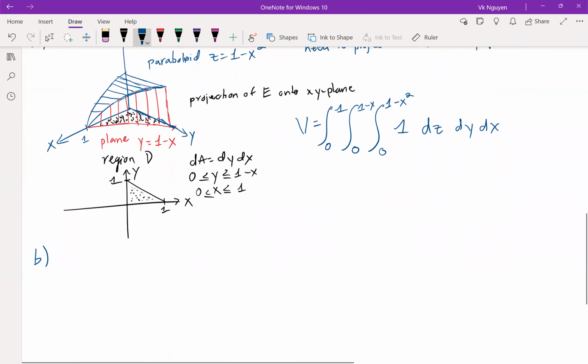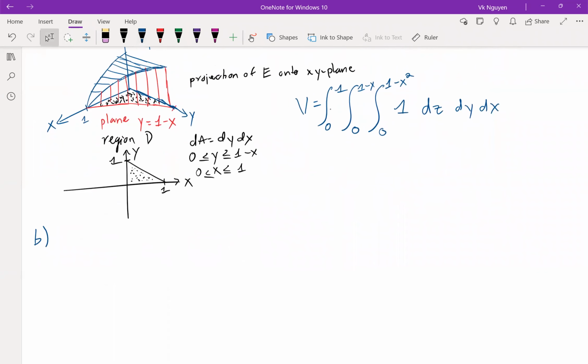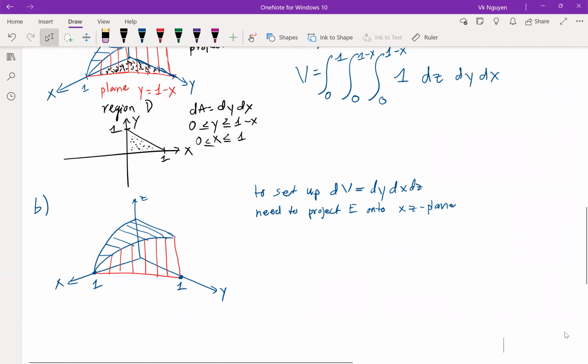In B, I'm going to resketch the solid here. Here comes the xz plane. It is the projection right here, the projection of E onto the xz plane.